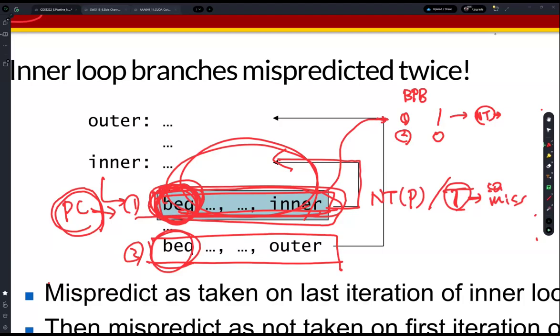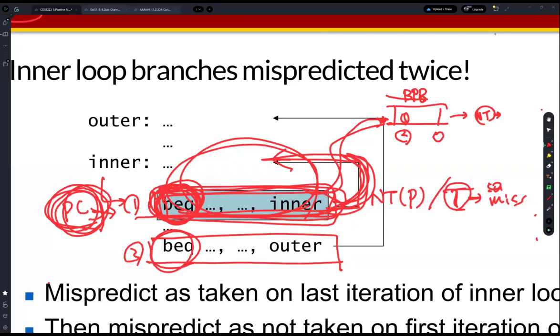Then this is the inner loop, so it will be executed again and again. If this branch is fetched again by this PC value, we access the BPB using this PC, and this branch predictor entry has 1, right?